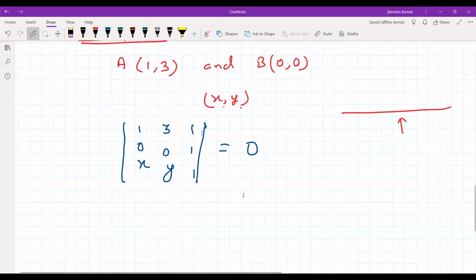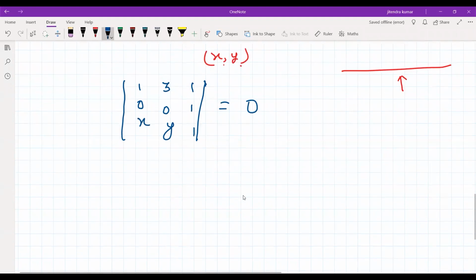Okay. So now if we solve this determinant, we will have an equation in x and y. And what is the equation of a line? That is just an equation in x and y. So we will have the required equation. So if we expand it by the second row, the first 2 are 0 already, so let's expand the third element only.